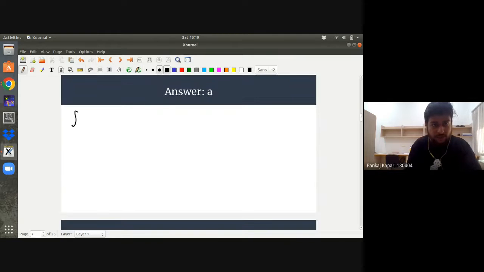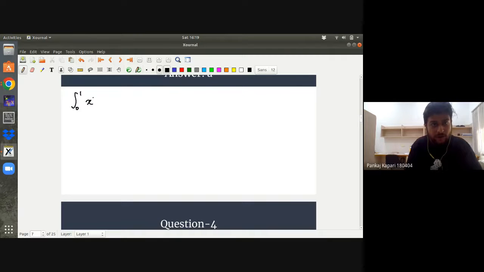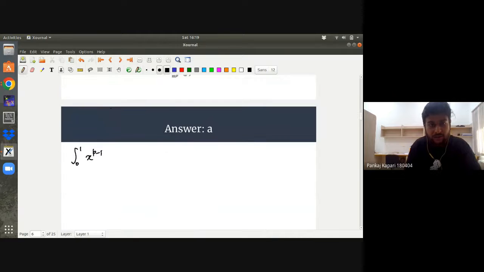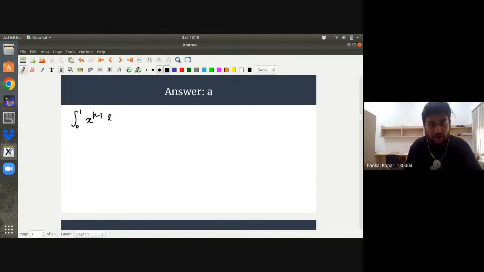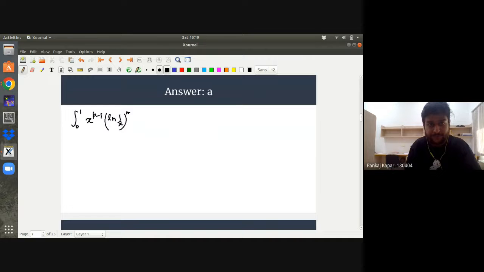This integral is from 0 to 1, x to the power p minus 1, ln of 1 by x to the power m minus 1 dx.